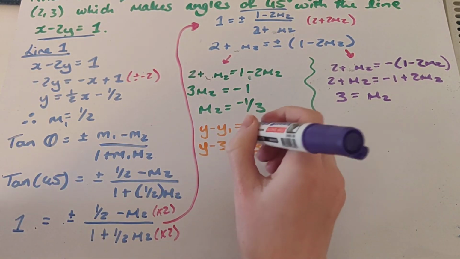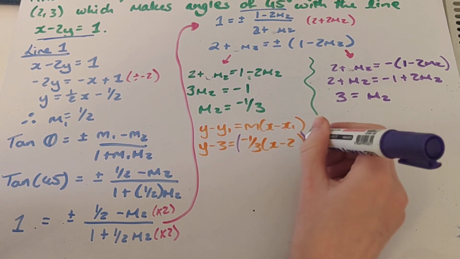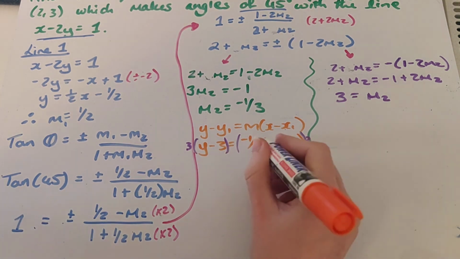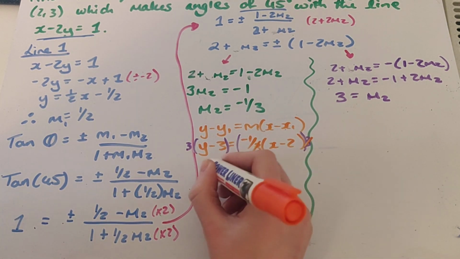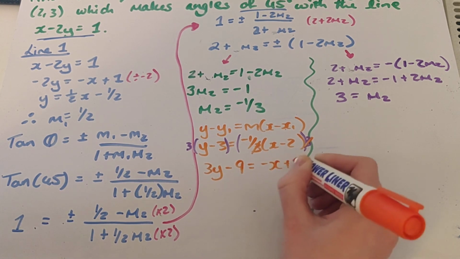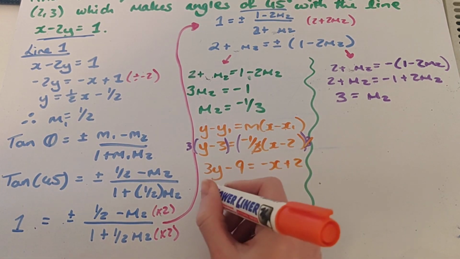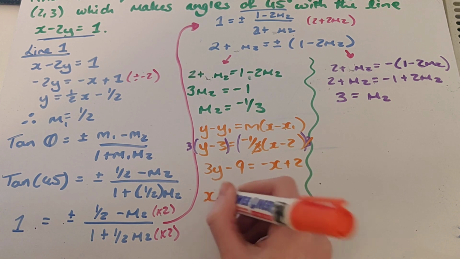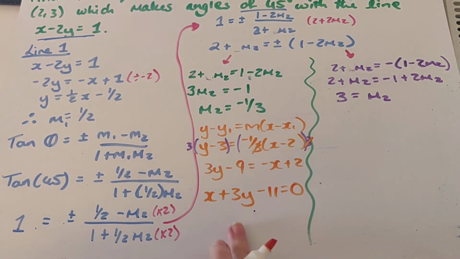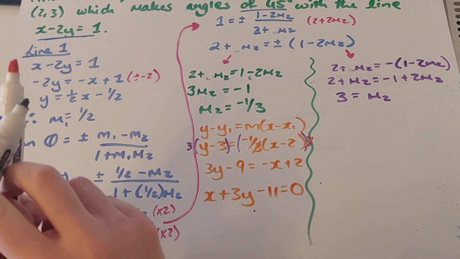I'm going to multiply everything here by 3 to try and get rid of the fraction, which is going to cancel these. So I get 3y minus 9 is equal to minus x plus 2. So I'm going to bring this over and bring everything to the same side. So I get x plus 3y minus 11 is equal to 0. And this is my first equation of a line.